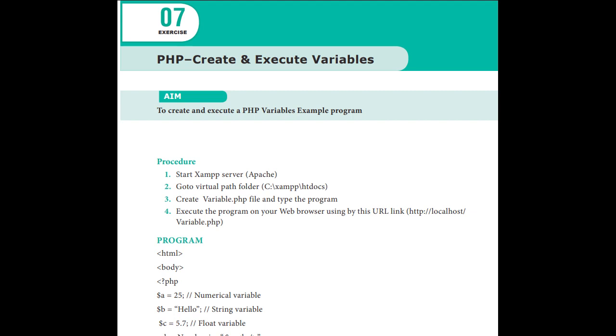But for your exam, you have to start XAMPP and then set a path. The folder will be inside C drive, inside XAMPP, inside htdocs only. When you are saving the file, you save with the extension .php. You can give any name.php, and only then will it be a PHP file. You can run the program in any browser, whether Google Chrome, Mozilla Firefox, or Internet Explorer.